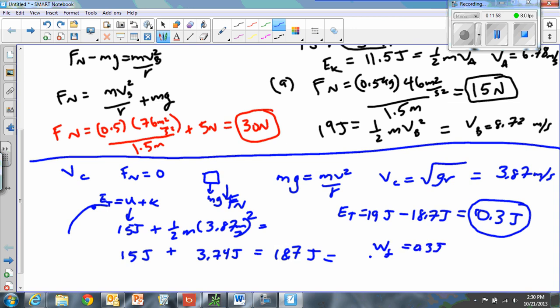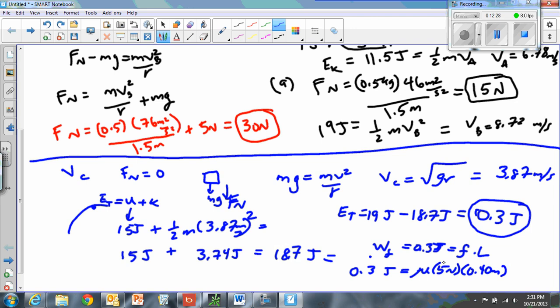Well, what's work? Work is force times distance. That's joules, which equals, friction is the only force, times distance L. So 0.3 joules equals mu, which I don't know, times the normal force, which is going to be 5 newtons, and L is going to be 0.40 meters. So basically 0.3 divided by 5 divided by 0.4.